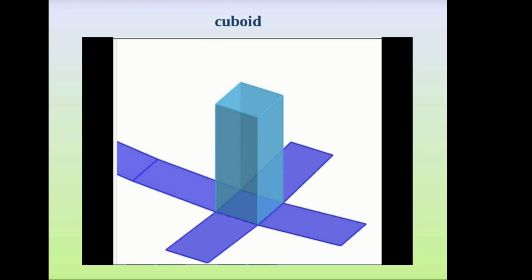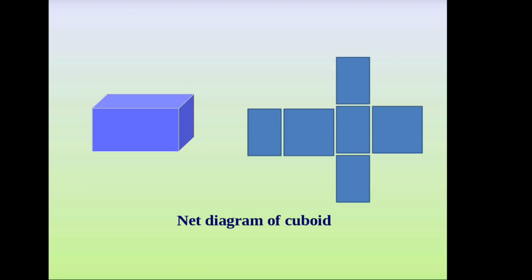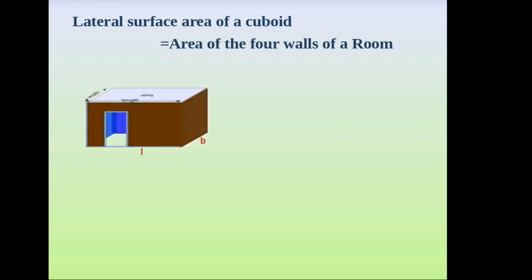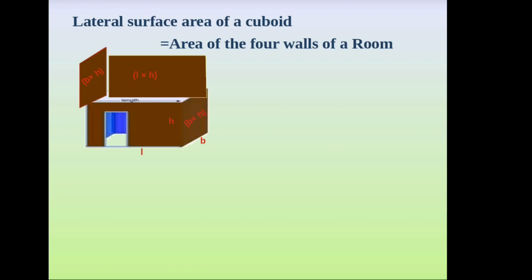Now, net diagram of cuboid. Lateral surface area of a cuboid is the area of the four walls of a room. See the room's 4 walls, that is side, opposite to the front. L, B, H are the measurements of the 4 walls of a room.